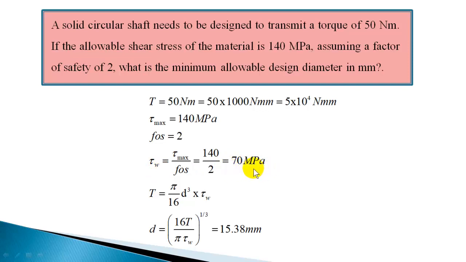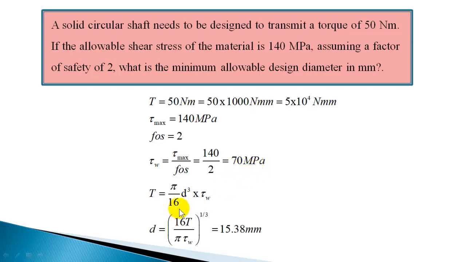Now using this as the maximum shear stress when this torque is transmitted, we should limit the maximum shear stress to 70 megapascal, since that is the permitted stress. The material may withstand up to 140 megapascal, but we are only permitting 2 times less, since the factor of safety is 2.